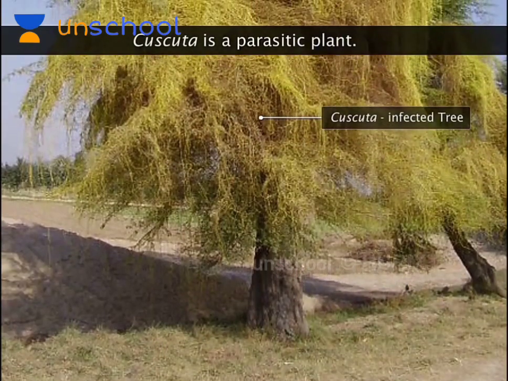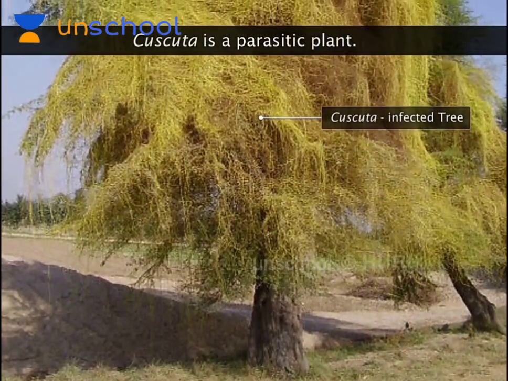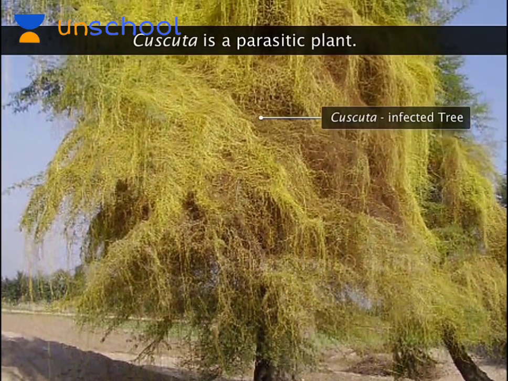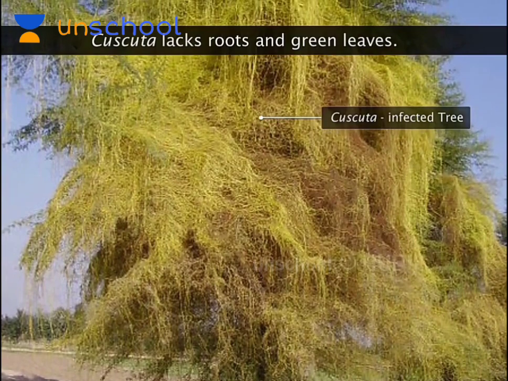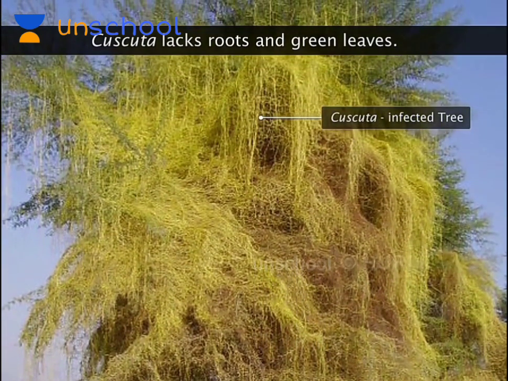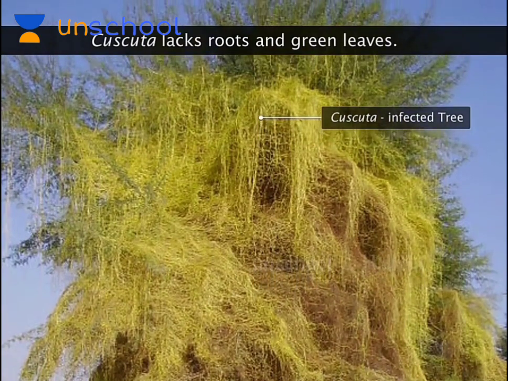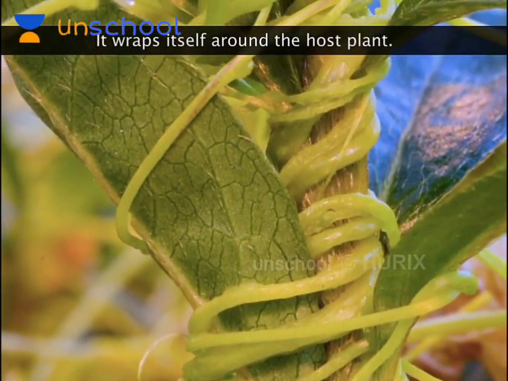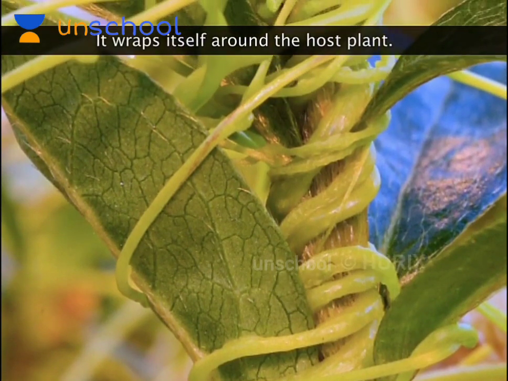Cuscuta, also known as a mudbell or the dodder plant, is an example of a parasitic plant. It lacks roots and green leaves. It has a yellow tubular structure that wraps around the host plant.